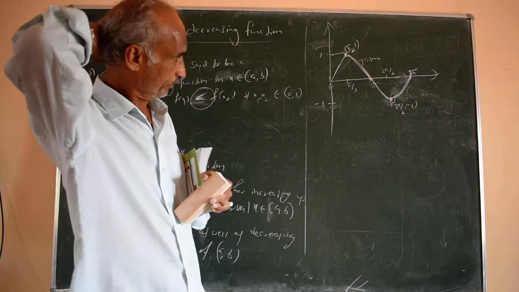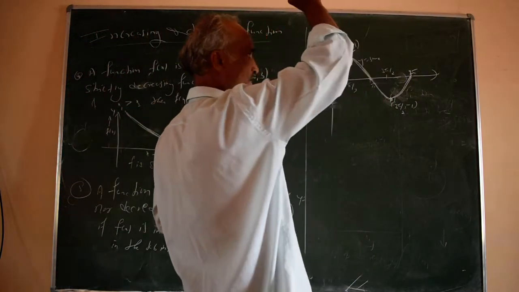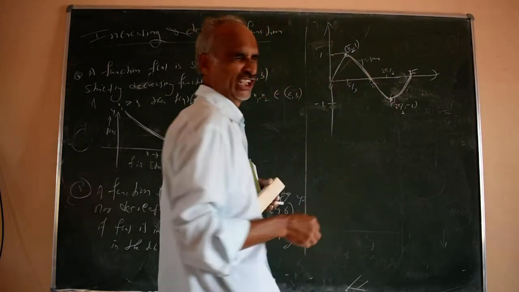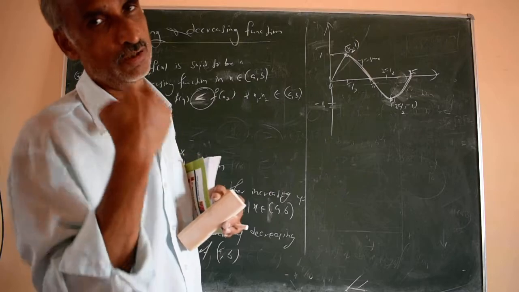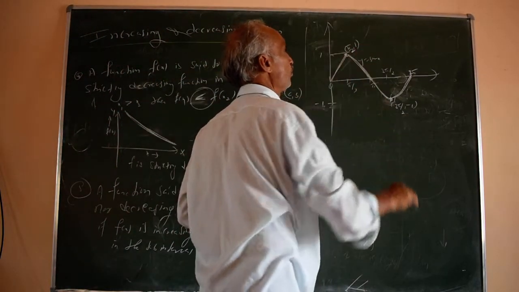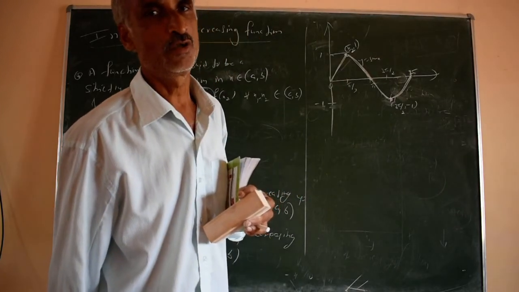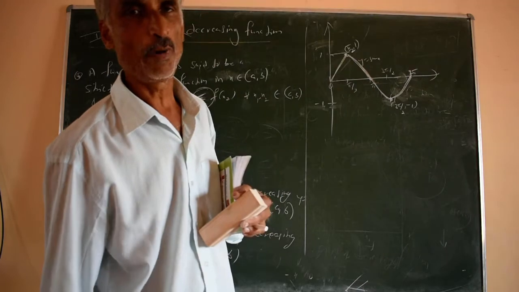So, in the interval 0 to pi by 2 it is strictly increasing. Pi by 2 to 3 pi by 2 is strictly decreasing. But if the interval 0 to pi is taken, in some portion it is increasing, 0 to pi by 2 increasing, and pi by 2 to pi it is decreasing. Therefore, it is neither increasing nor decreasing in 0 to pi.